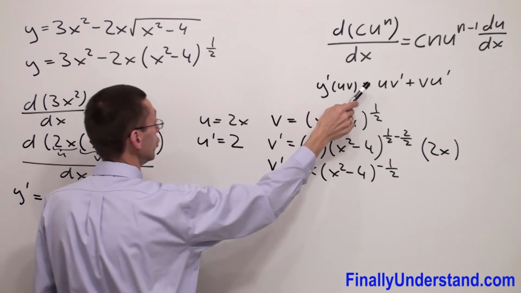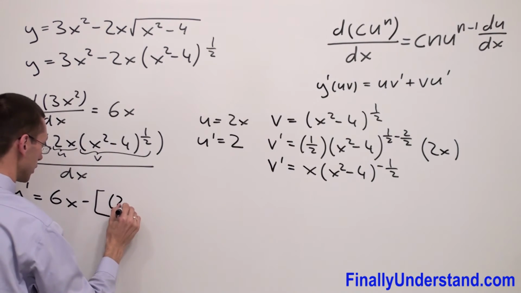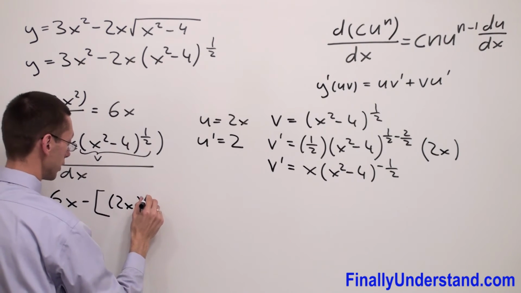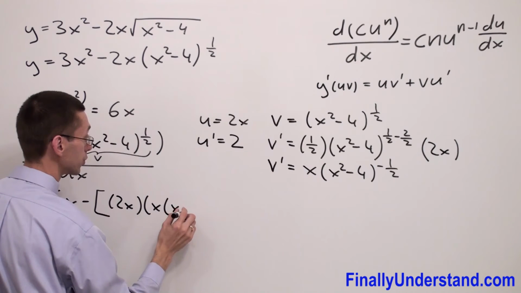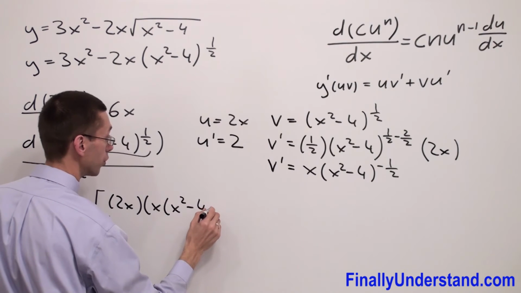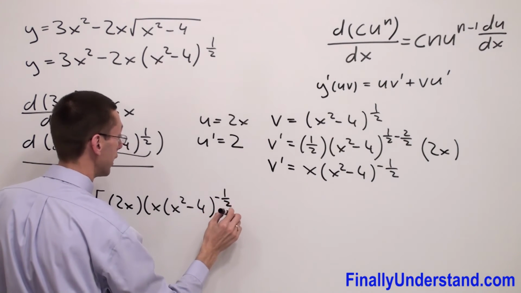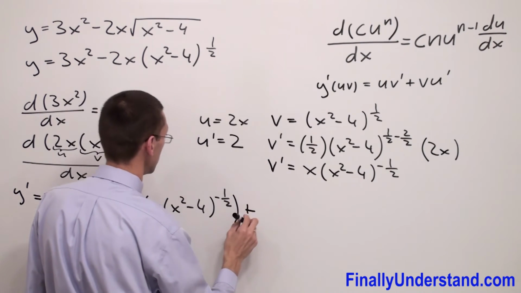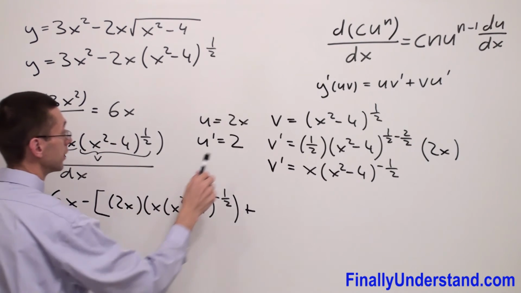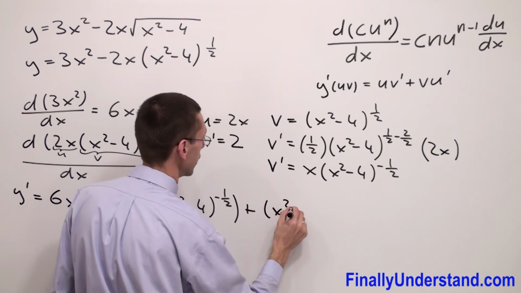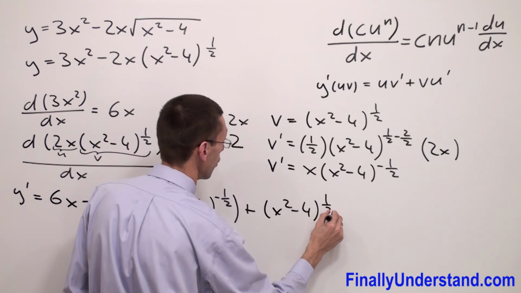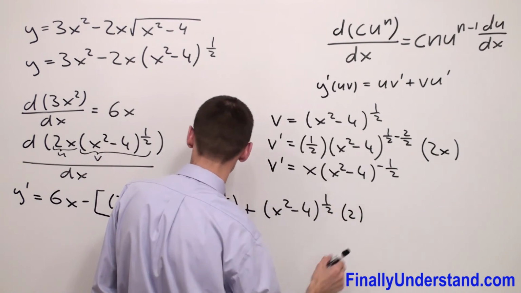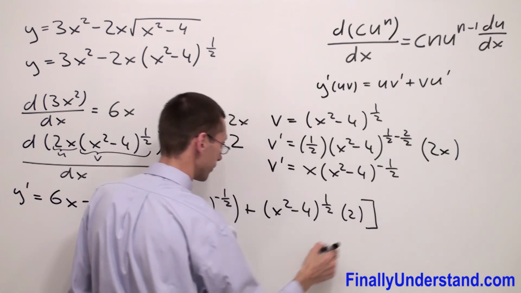So I'm supposed to write u is equal 2x times v prime, which is equal x, and I have (x squared minus 4) to power negative 1/2, okay, plus v, and we found that v is equal (x squared minus 4) to power 1/2 times u prime, which is equal to. Okay, you can close the brackets.